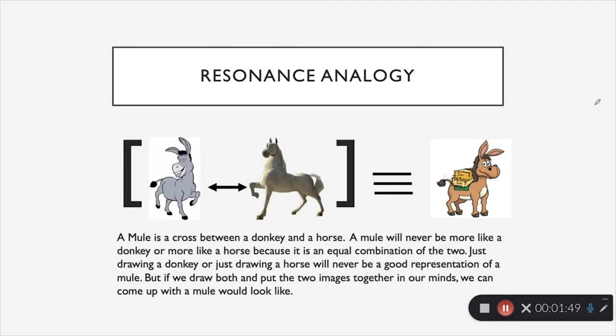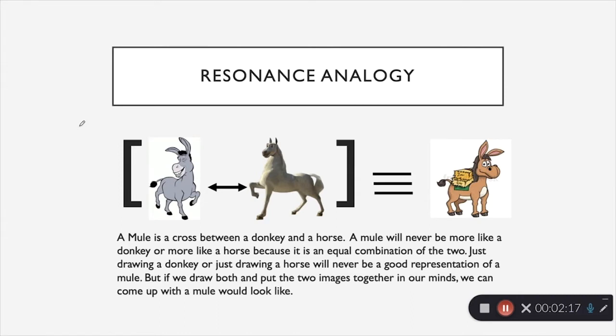So here's an analogy. Over here we have a mule, and a mule is a cross between a donkey and a horse. The donkey and the horse represent the two resonance drawings that make up that mule. A mule is not any more a donkey than it is a horse, and it's not any more a horse than it is a donkey. It is a perfect melding together of the two.